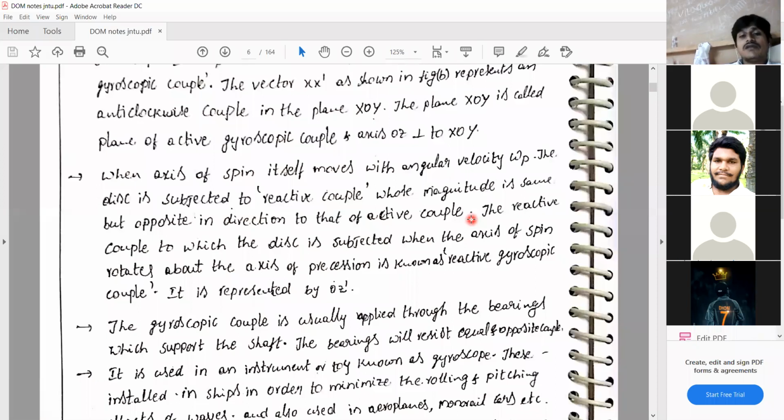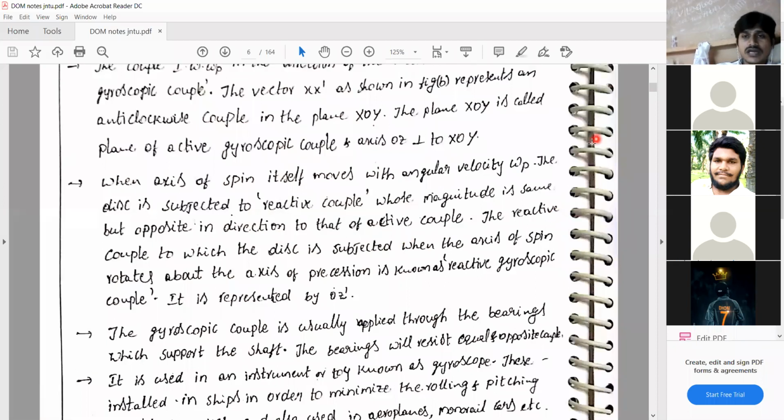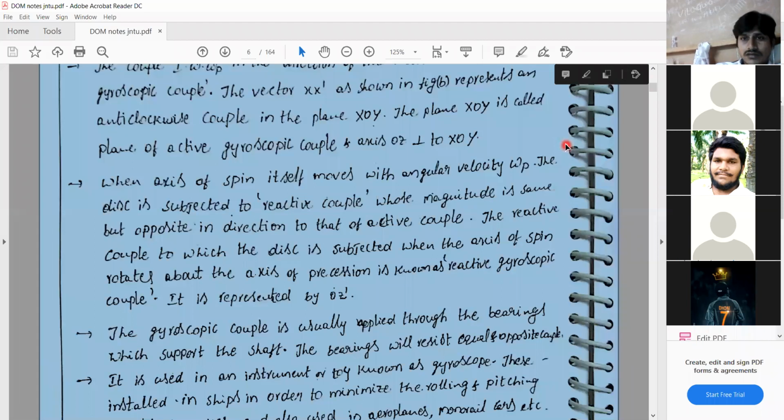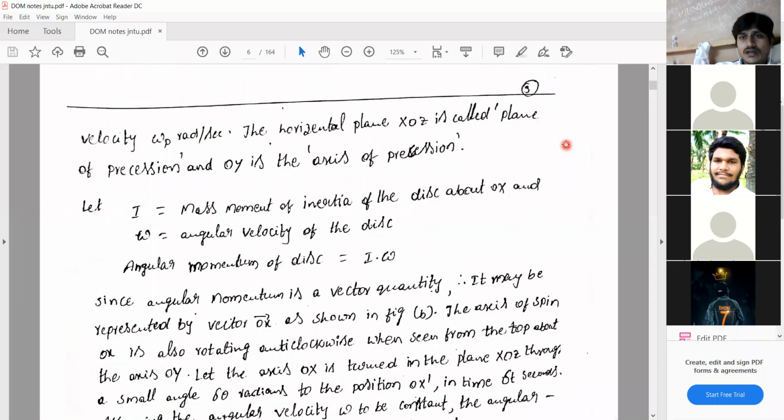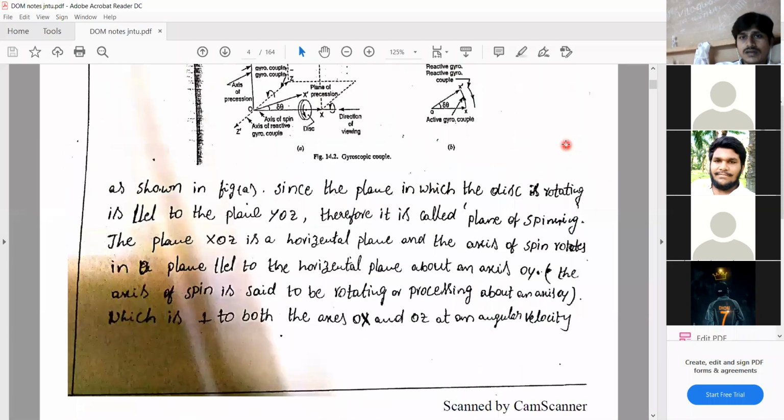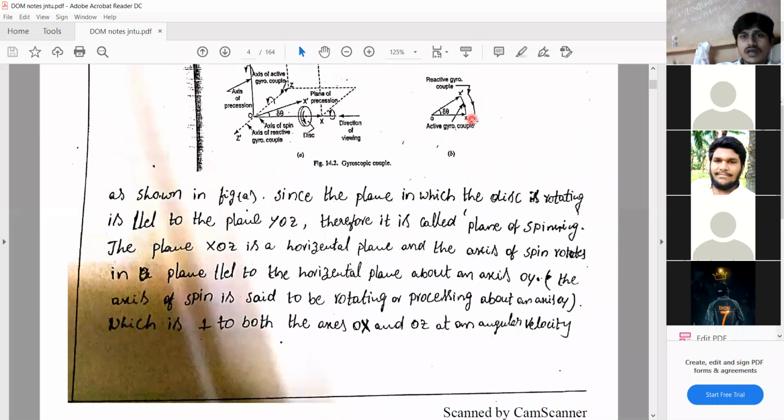That means the magnitude is the same, but the direction is different. In figure B, observe the active couple and reactive couple.